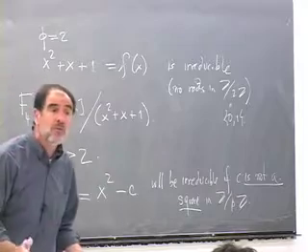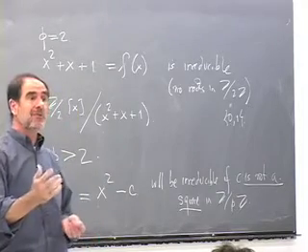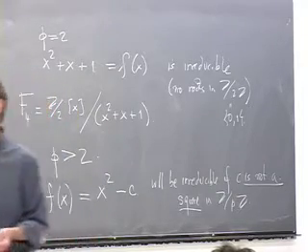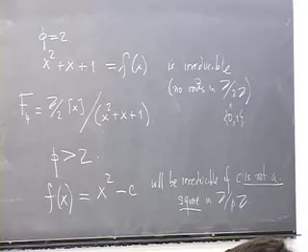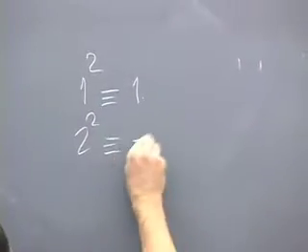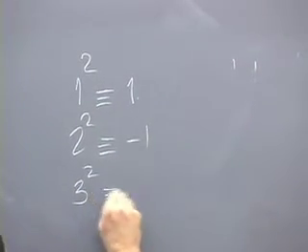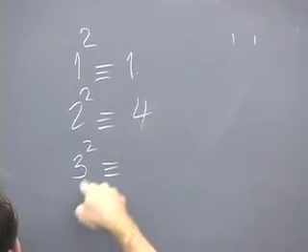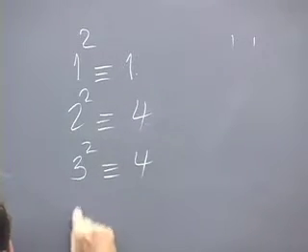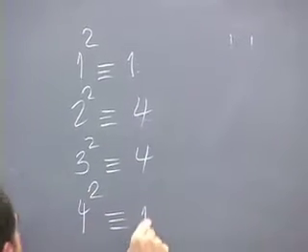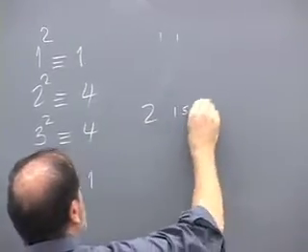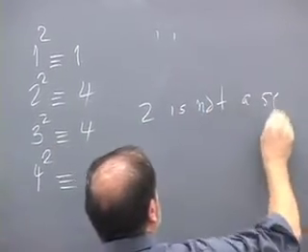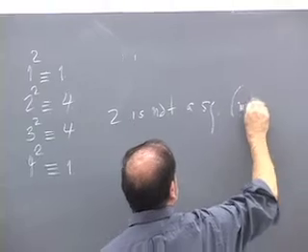So how do we know that there's some element that's not a square? Well, we could try 2. 2 worked for 3, right? Is 2 a square mod 5? No, it isn't, because mod 5, 1 squared is equal to 1, 2 squared is 4, 3 squared, which is 9, is also 4, and 4 squared is 1. So 2 is not a square mod 5.